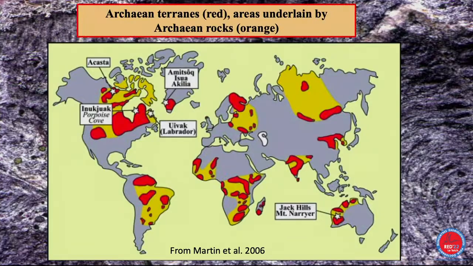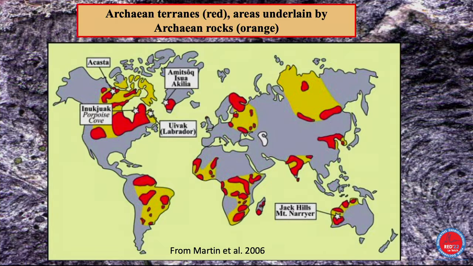So, you know, I told you that if TTGs are able to stabilize terrains, we should expect that quite a lot of rocks of these early Archean terrains will be preserved up to the present day.